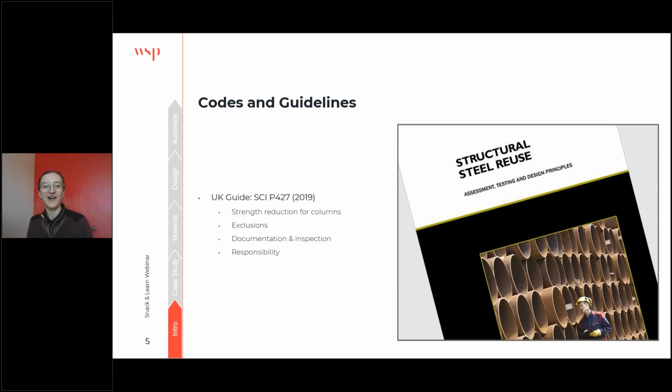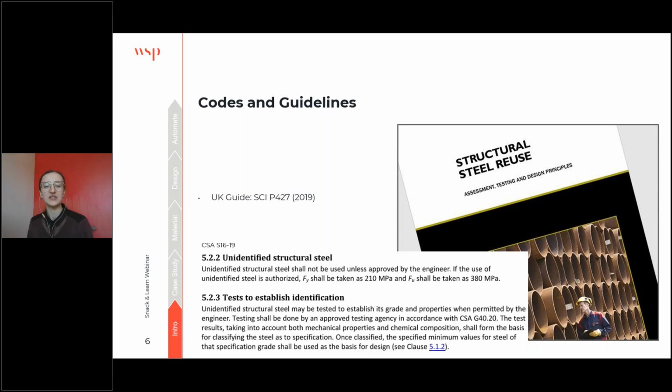After you are familiar with that guide, it's important to take a look at the codes that govern in your area. I'm working in Canada, so I'm going to speak to the CSA S16. There's a provision here for unidentified structural steel. This would be steel that has not been tested, and it could be in a building that's being renovated, but it could also pertain to steel that's been removed from the building and is being installed somewhere else.